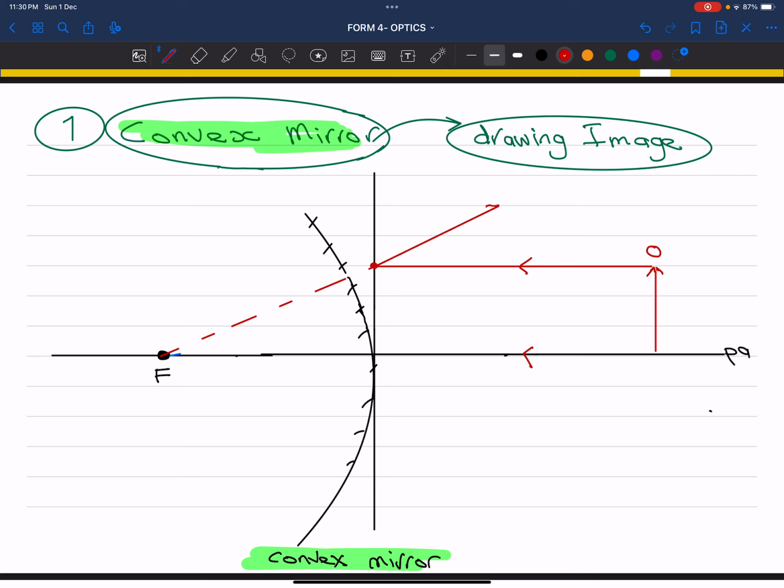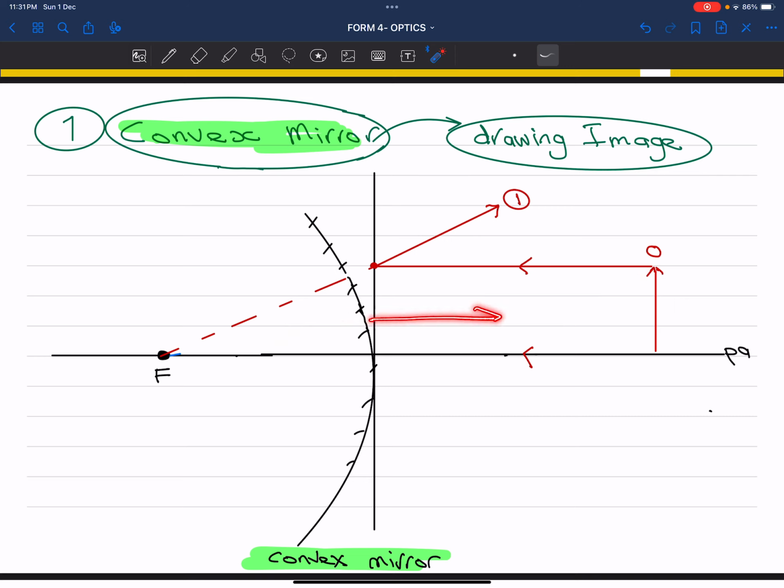So this is the first property of light ray. You watch a light ray parallel to the principal axis reaching the vertical line, it reflects as though from F.